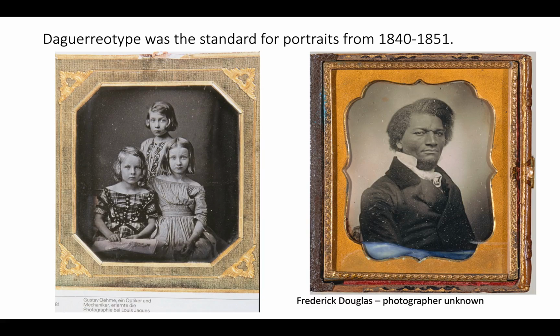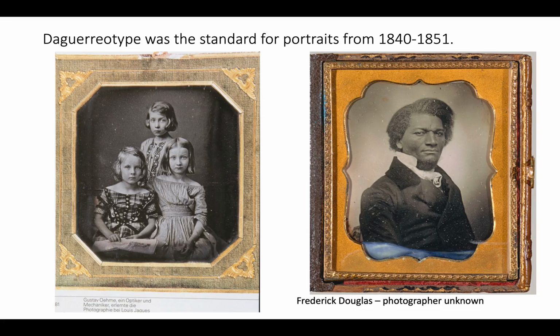The daguerreotype really was the standard for portraits all over Europe, really popular in the United States. It continued in popularity there after it sort of fell off in Europe. The one on the left is actually from Holland. Gustav Ohm was the photographer in the Netherlands.